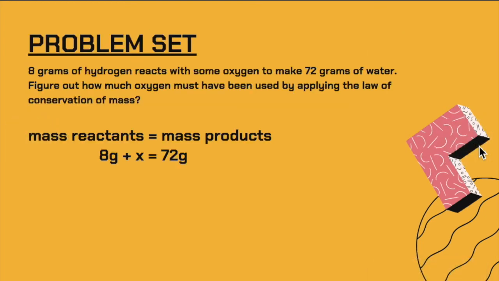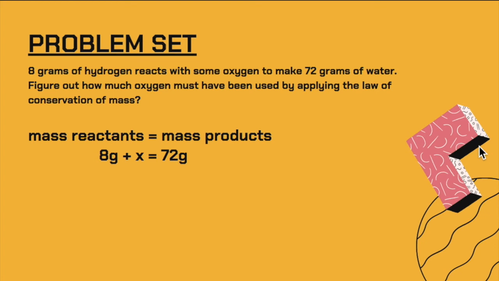remember this equation: mass of reactants is equal to mass of products. Or to be more exact, the total mass of reactants is equal to the total mass of its products. So we just write on one side of our equation the mass of our reactants and on the right side the mass of our products.